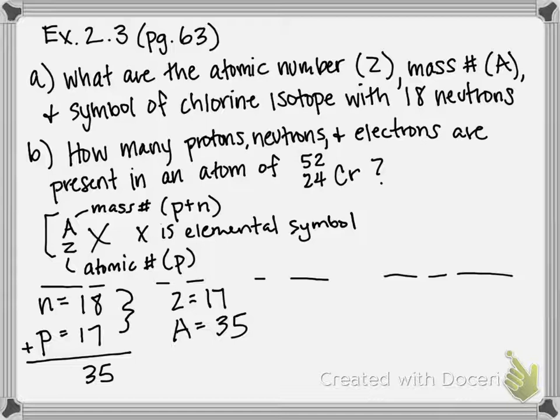Now we can finally generate our isotope symbol. A goes on top, so 35 on top. On the bottom is our Z, which is 17. And off to the side is our element symbol, which is Cl.